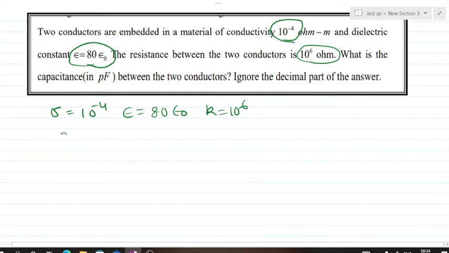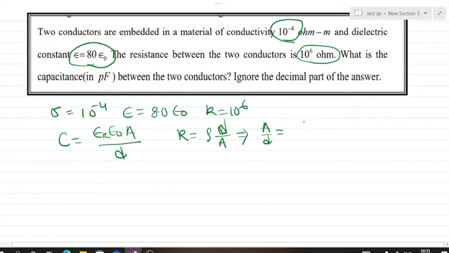As you know, capacitance is equal to epsilon r epsilon naught A by t, and also we know R equals rho l by A, where l is t. So A by t is equal to rho by R, and as we know, rho is equal to 1 by sigma, since resistivity is the reciprocal of conductivity.